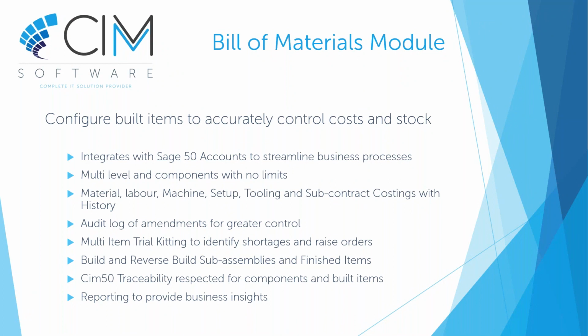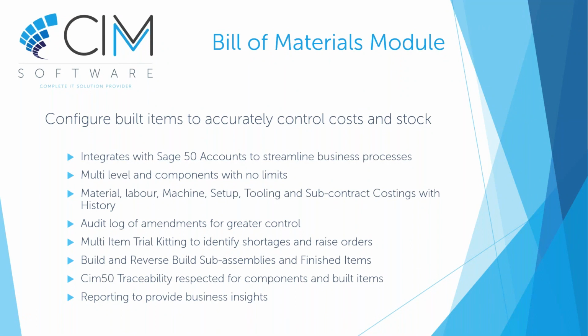You can also do multi-trial kitting. If you've got similar items that have similar components, they will get taken into account. It's not a substitute for full-on planning and MRP, but it takes you a step in the right direction if you've been used to using a spreadsheet or the check BOM in Sage 50 accounts.